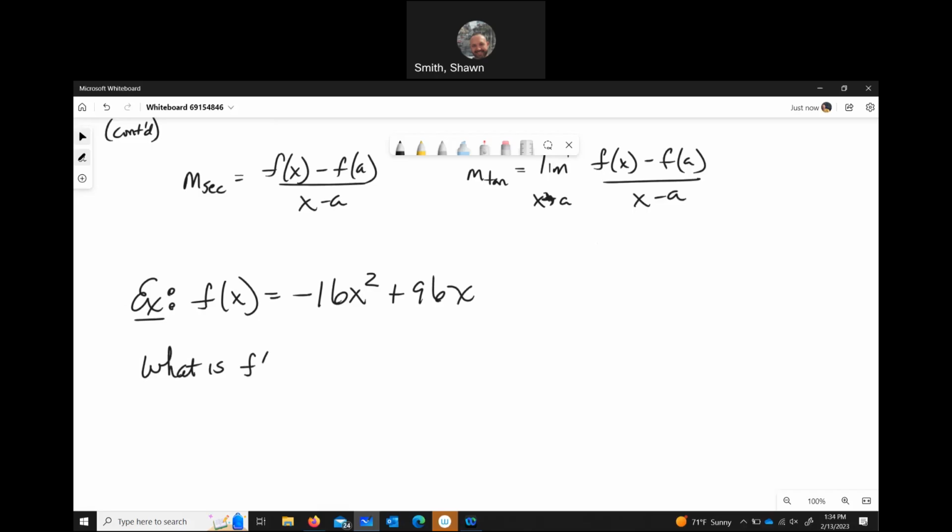What is f prime of x? Remember, the derivative is a function. Somebody said that earlier too. It is a function. It's just another algebraic expression to do a calculation.